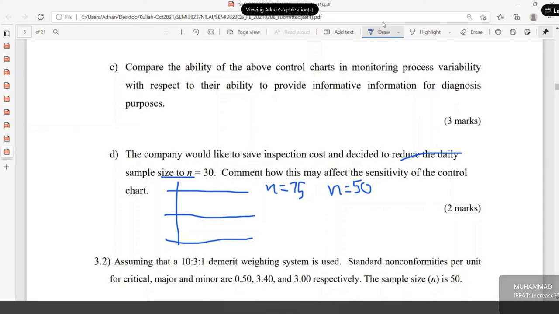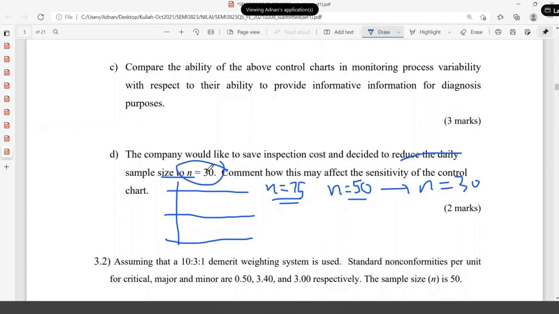Which one is bigger, N75 or N50 control limit? Okay, N50 has the bigger control limit. So when you go to N30, maknanya control limit will become bigger. So basically kita boleh dapat tahu dekat situ dah. So a smaller sample size will increase the control limit.